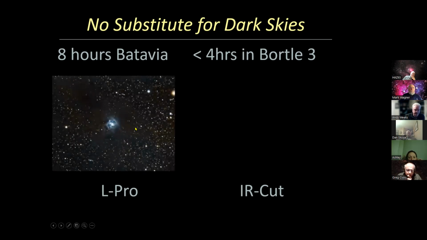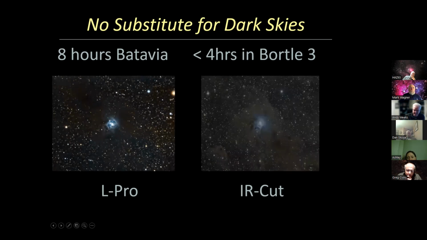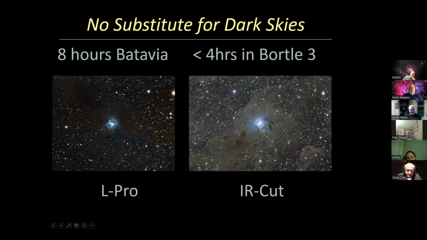And it looks great, right? You capture some of the dust and whatnot. But the other was under 4 hours, about 3 hours 45 minutes in a Bortle 3 sky, and that's just with an IR cut filter, no light pollution filter at all.